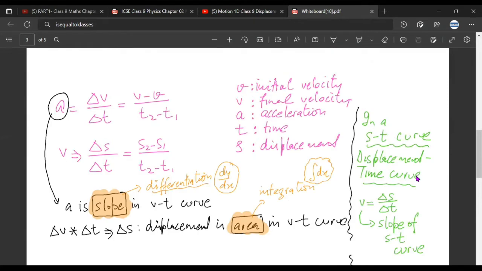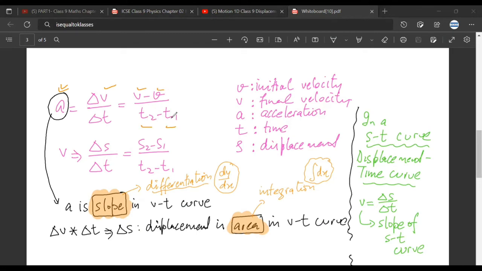Just to explain things with some more clarity, we know that the acceleration is given by delta v by delta t. This is what we have done in the previous lecture. We have understood what delta is. So this is v minus u upon t2 minus t1.